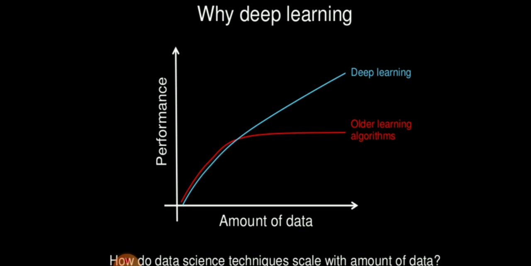That's why, if we have a huge amount of data, as we have in current scenarios, for problems that the human brain solves very easily, like computer vision, identifying objects and so on, we need very large data. In that scenario, deep learning is going to work much better than machine learning.